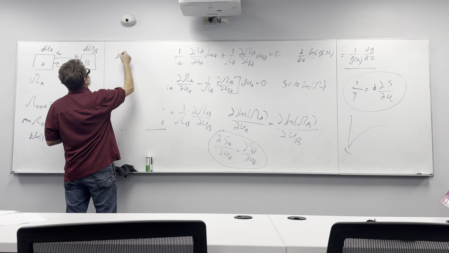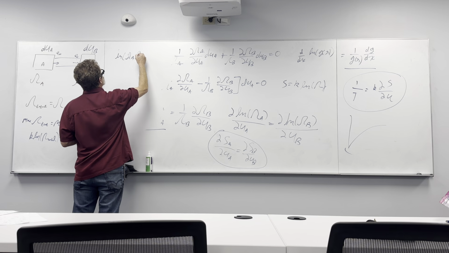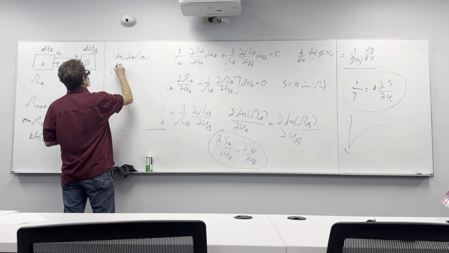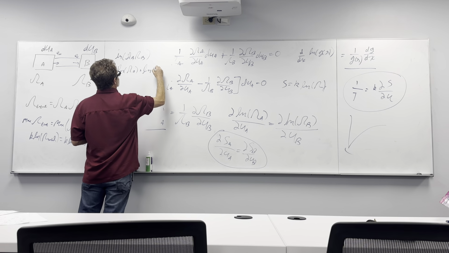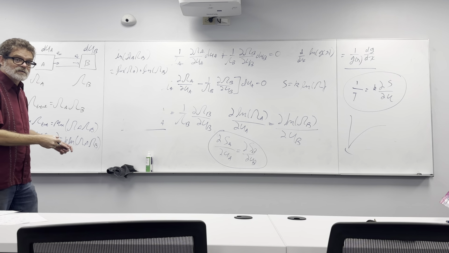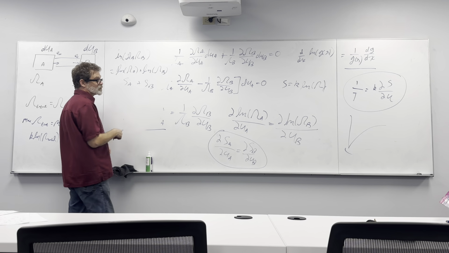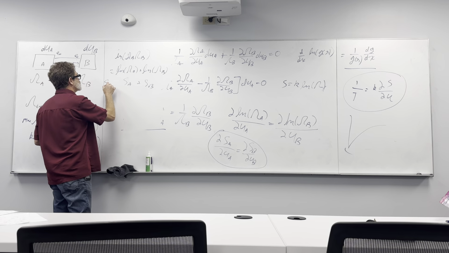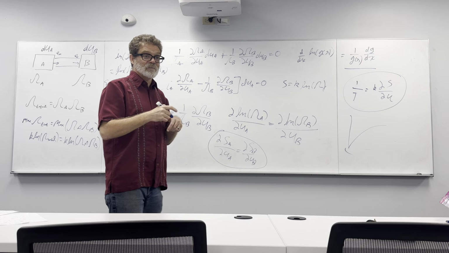So we got the log of sigma A sigma B is log sigma A plus log sigma B. And if you multiply by a K, you get the entropy of A plus the entropy of B. So the total entropy is just the sum of the entropies. And we're going to maximize that.